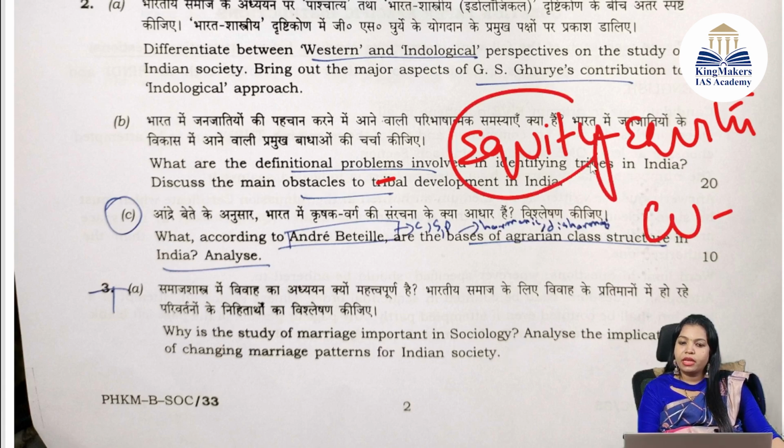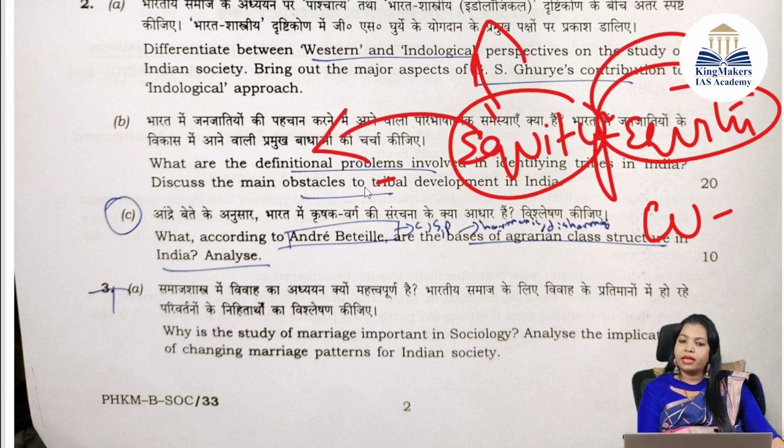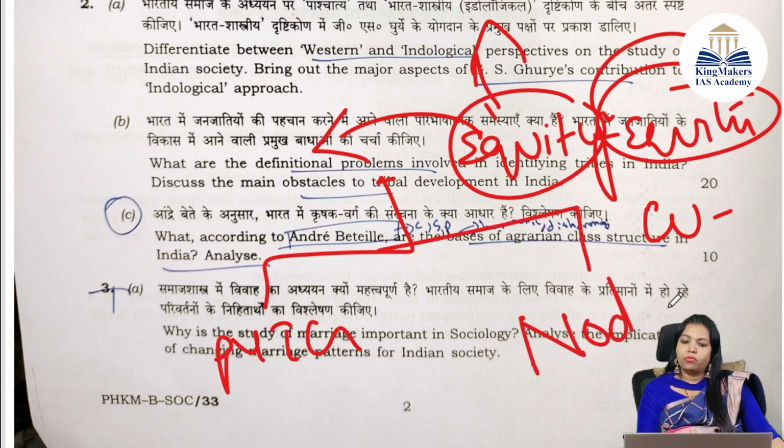You can say equity and equality: reservation is given as equity, but whether equality is there or not is not being checked. So there is the problem of implementation, the problem of PVTG groups, and also we have a group of nomadic tribes.